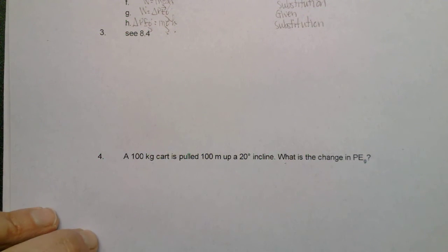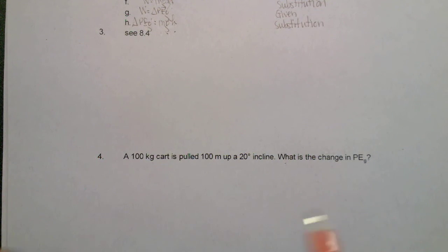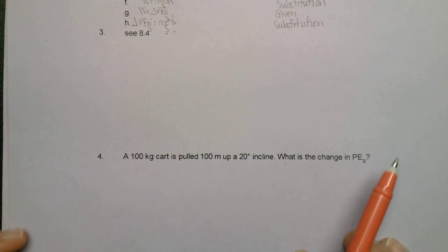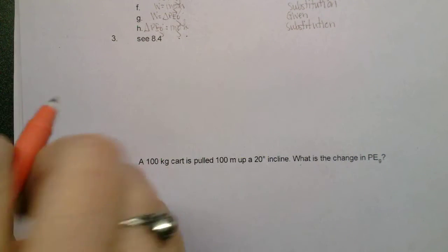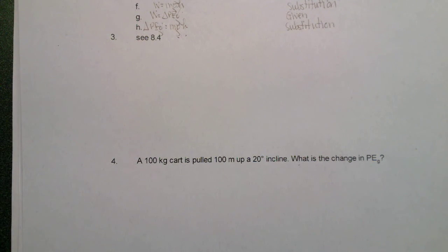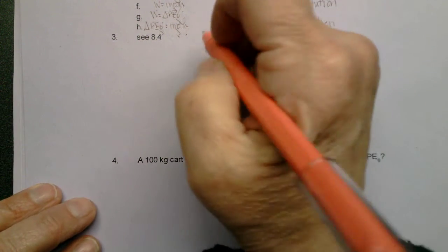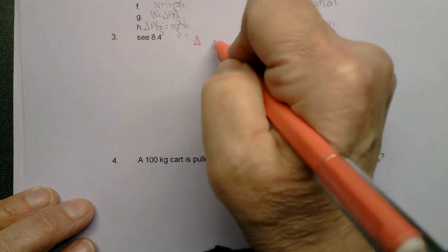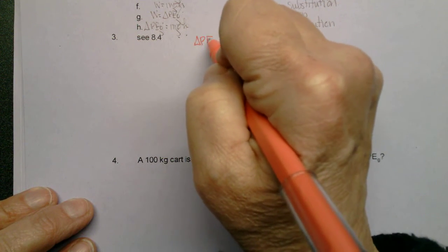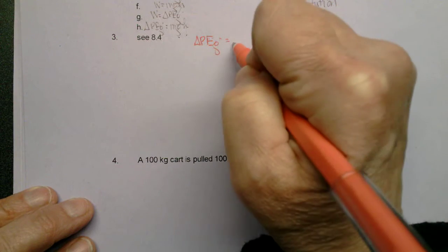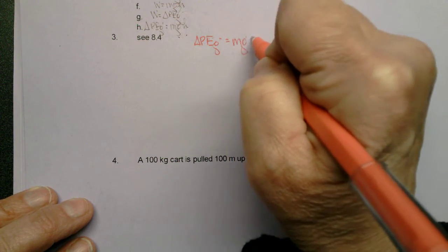So please look at 8.4. A 400 kilogram roller coaster starts 48 meters above the ground and is 3 meters above the ground at the end of the ride. Calculate the change in gravitational potential energy of the roller coaster. Now we've been given the formula delta PEG is equal to mgh.